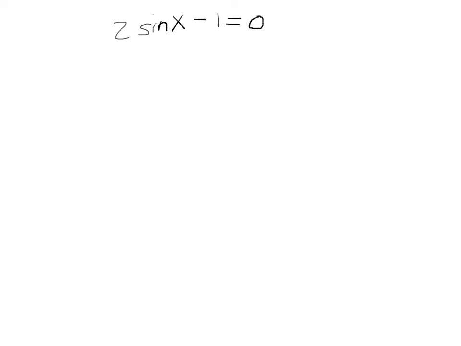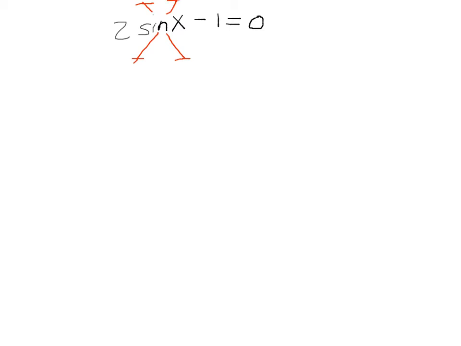All right, the first one, 2 times the sine of x minus 1 equals 0. Just because there are trig functions in there, we still treat them like algebraic expressions. In fact, I think one of the things that we should do is think of our trig function as being just one big variable.